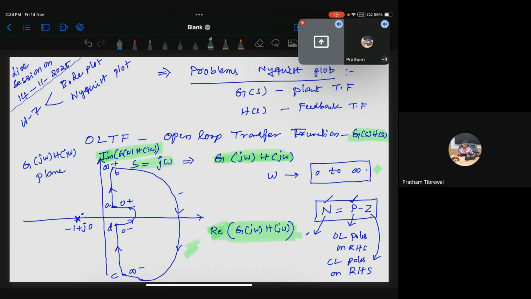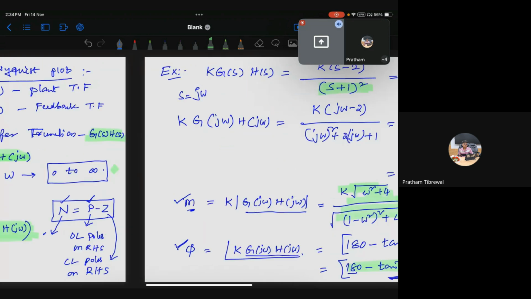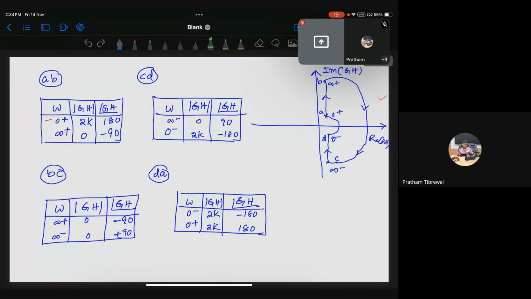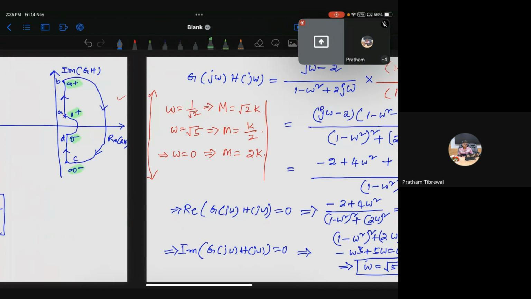So we have different parts AB, BC, CD, and DA. First we write K G(s)H(s) as K G(j omega)H(j omega). We find the magnitude and phase angle. After that, for all four parts, which start from 0 plus, infinity plus, infinity minus, 0 minus, you will find both magnitude as well as the phase angle.